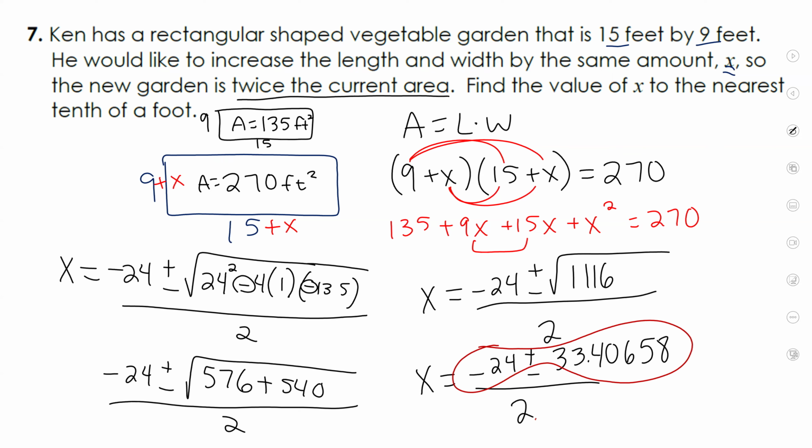And that's your answer. So put into your calculator -24 plus 33.4 divided by 2, because we want the positive answer. We're talking about length and width here. Okay, I'll just take this, 4.7, so that's your x value. And that's your answer, guys.